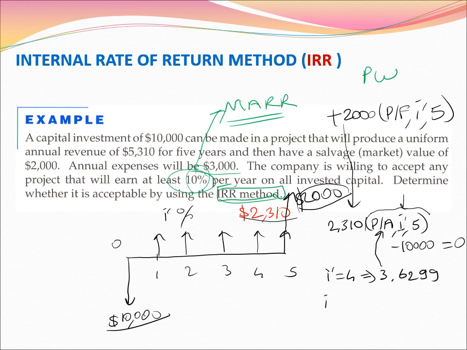And then you try another value, you try 5, 6, 7, and so on. Different values, and you will see that, for example, this is greater than 0, this is greater than 0, this is greater than 0, but at some point it will be less than 0. So there will be a critical point where this present worth changes from positive to negative.